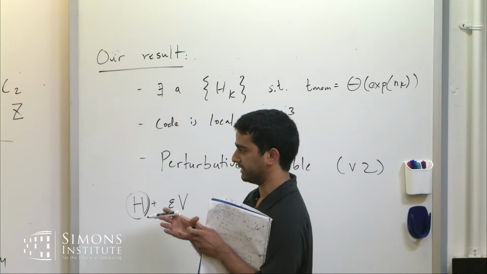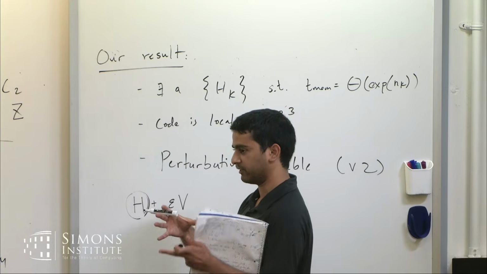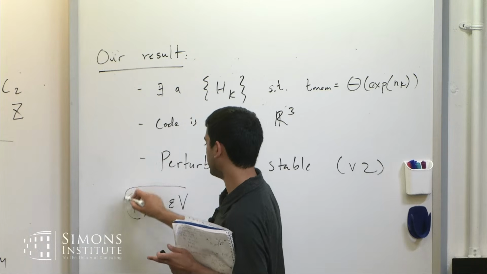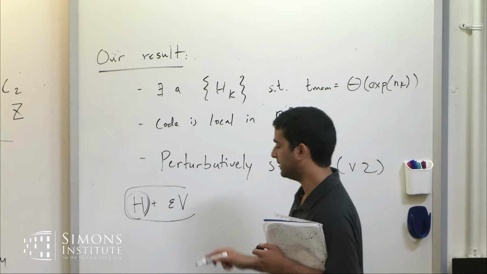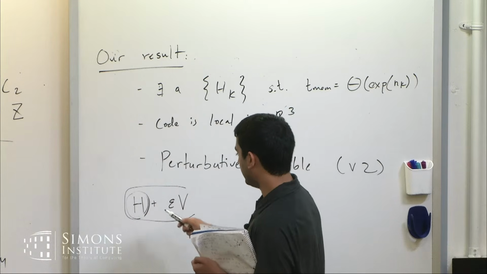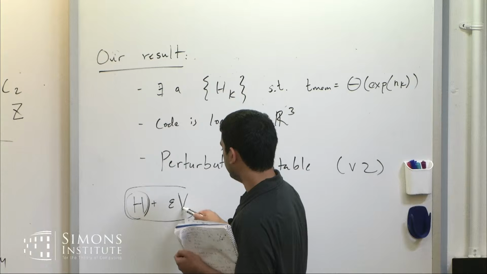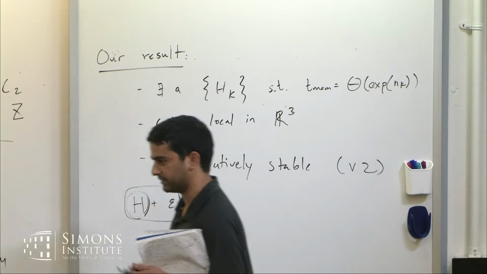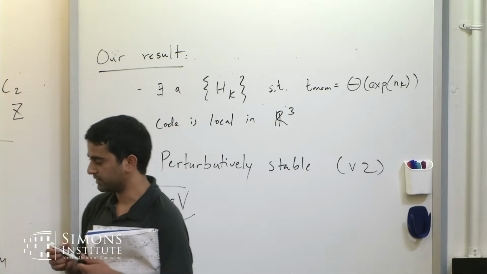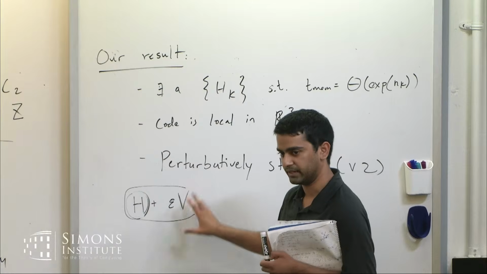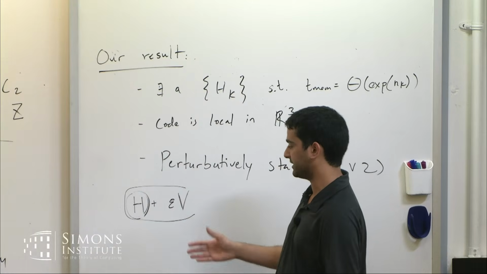Just think about it as applying some adiabatic algorithm that interpolates between the ground space of H and the ground space of H plus epsilon V. And this adiabatic interpolation works for any local perturbation V as long as epsilon is smaller than some universal constant.